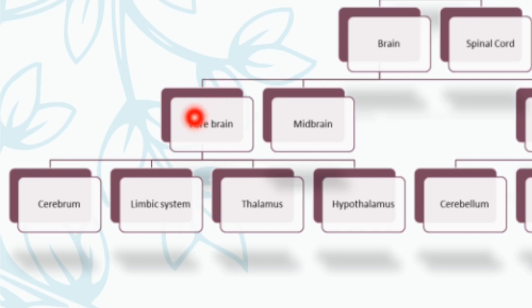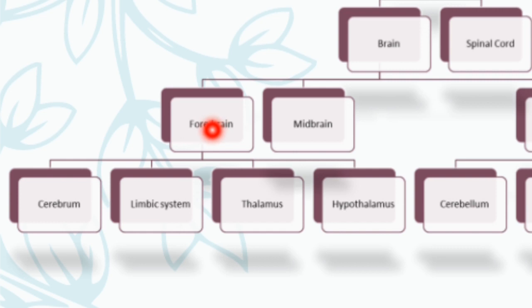So the forebrain is further divided into cerebrum, limbic system, thalamus, and hypothalamus. Cerebrum is, you can say, a vast topic because it covers most of the brain, and the forebrain is the largest area of the brain.